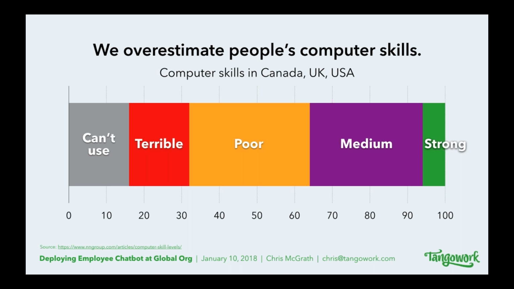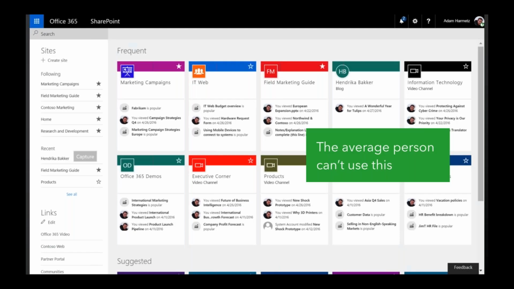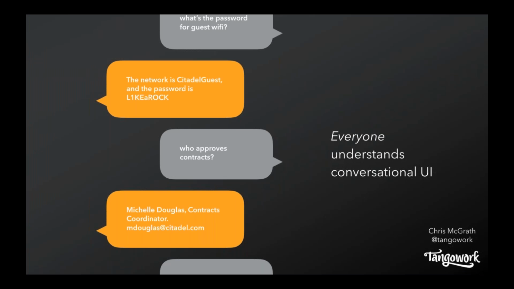It really just means you can parse information and sort through email effectively. That makes you a strong computer user, right? So I think user skills are much weaker than we realize, and the average person can't use this. You know, SharePoint is way easier to use than it used to be, but for the average person, this is still overwhelming. But chatbots, everybody understands this.